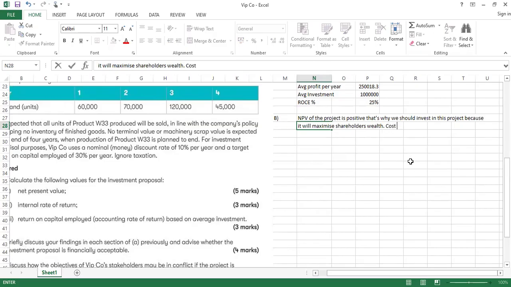Cost of capital of the company is 10%, but IRR is 18%, in fact 18.2%, which is significantly greater than cost of capital.